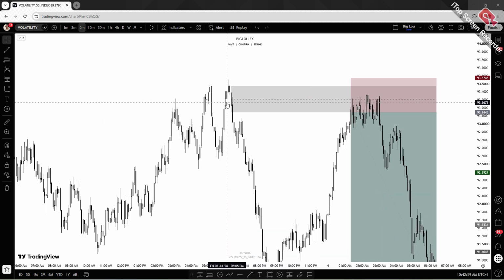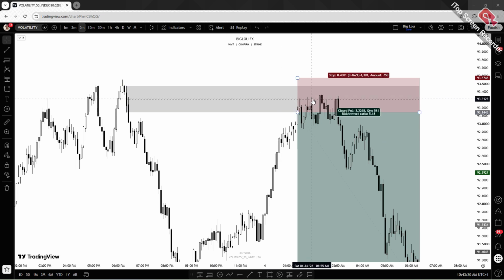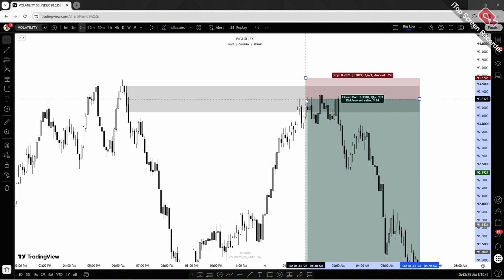Now, for instance, look at this 5 minutes time frame. You can see that our supply zone is a long candle with wicks, almost equal wicks to the top and to the bottom, large body size, and then it did this. Sometimes this works. Sometimes, if you want to be extremely refined, you can take your entry from the 50% of that zone, because price will dig into that zone at least to liquidate it up to 50%.